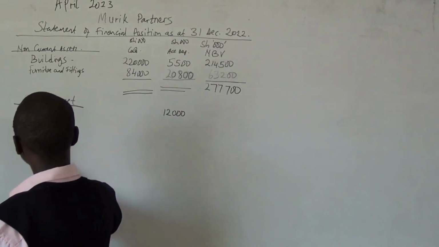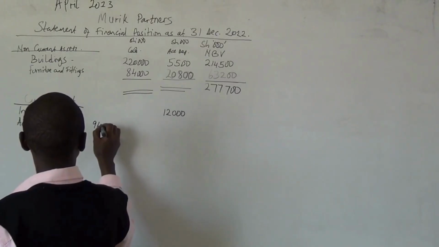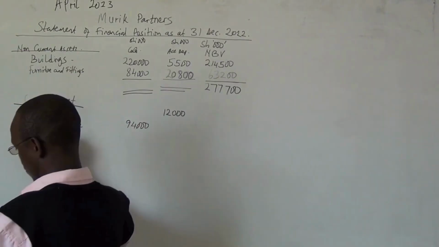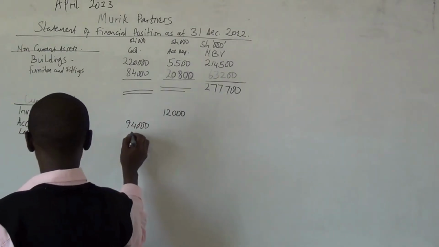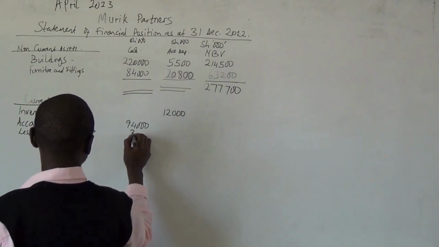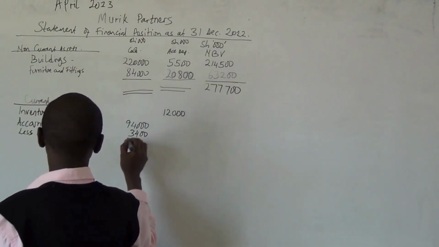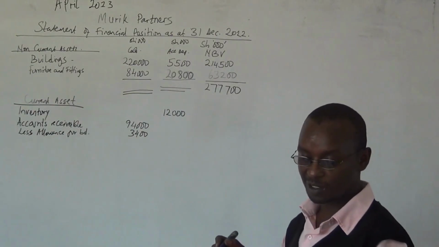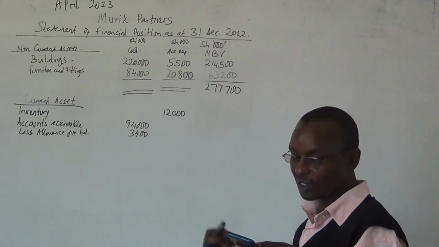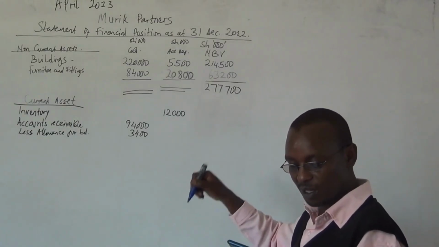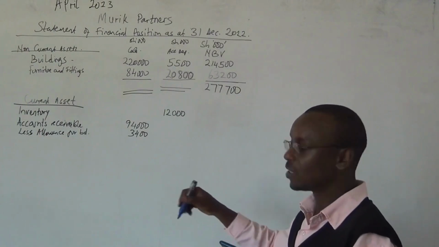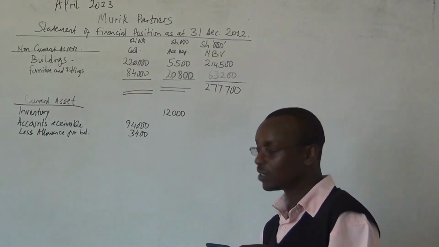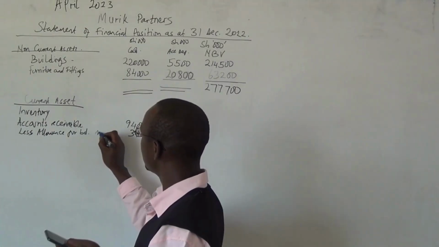Accounts receivable, 94,000 with allowance, which is 3,400. Why 3,400, not 1,200 and not 4,600? The new allowance is the one that we put here, 3,400. We calculated it in working one.